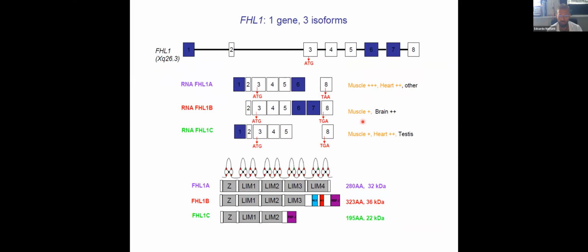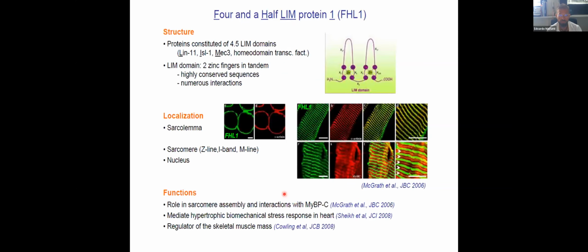The less quantitatively present FHL1B form we found in the muscle and the brain. What is interesting is that these isoforms and this protein are characterized by different LIM domains, and we will focus later on the LIM2 domain.